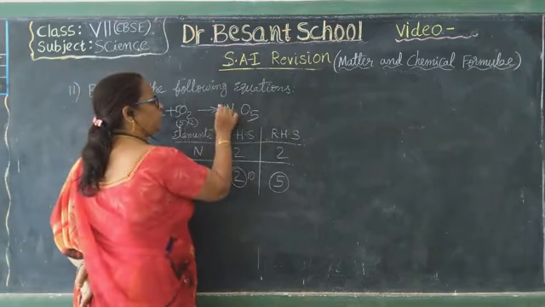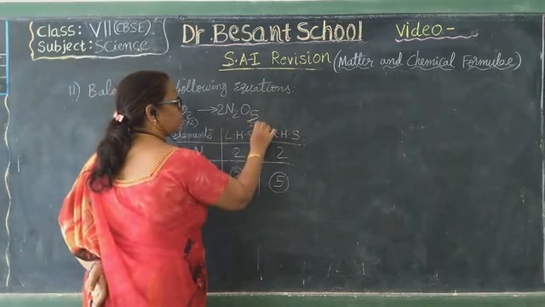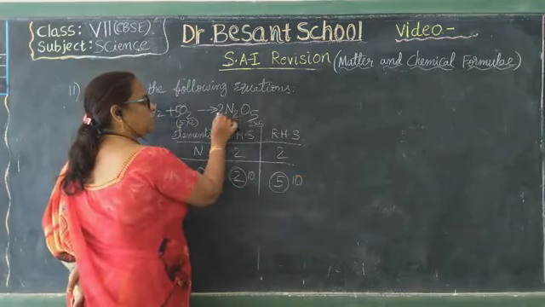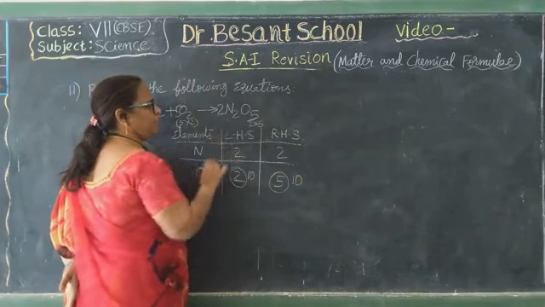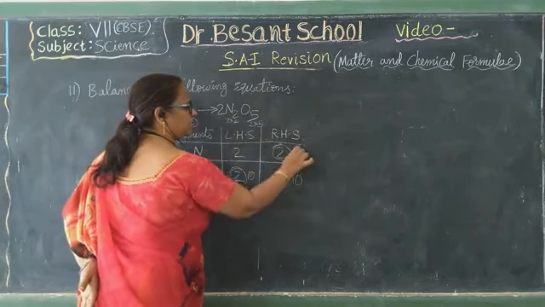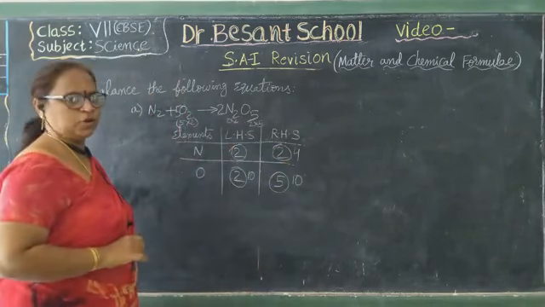So keep 2 before N2O5. Now 2 into 5, oxygen became 10. But nitrogen also changed. These two belong to both. So now nitrogen became how many? 2 into 2, 4. RHS side nitrogen became 4. So LHS side also it should become 4. 2 are there.